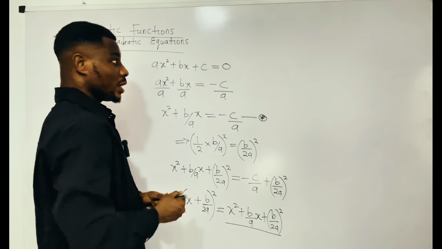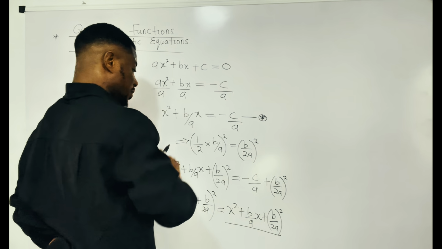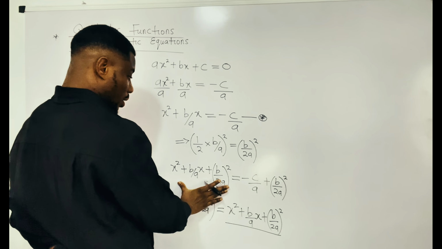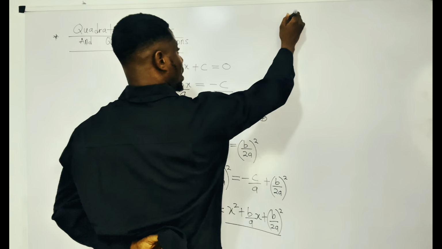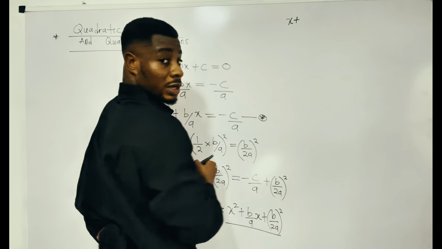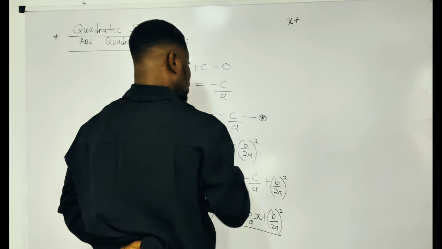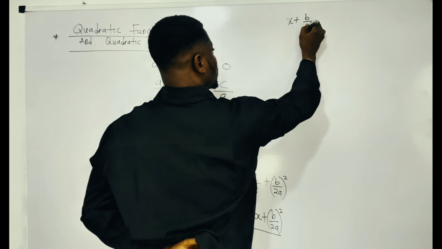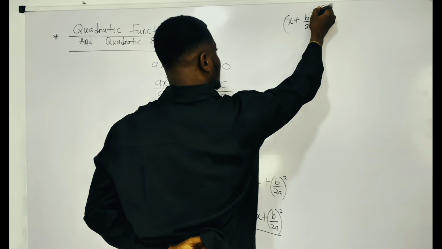So let's do that. In this equation here, everything that's going to be here is going to be x plus b over 2a squared.